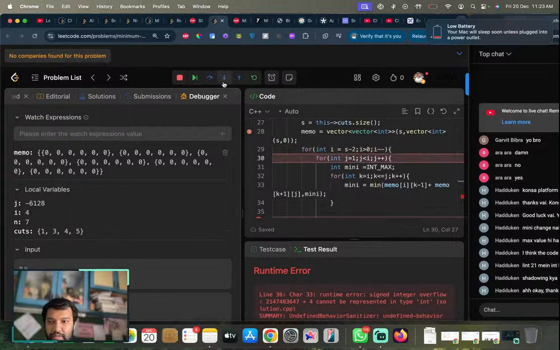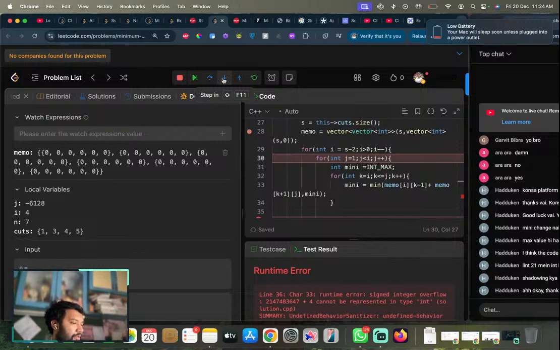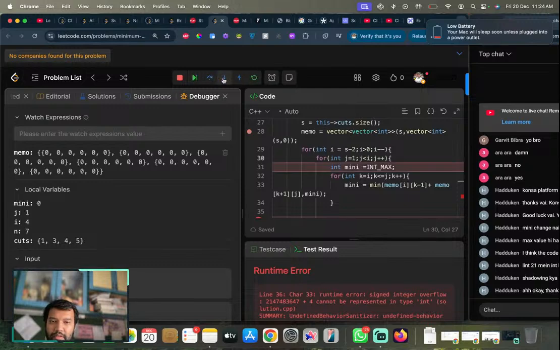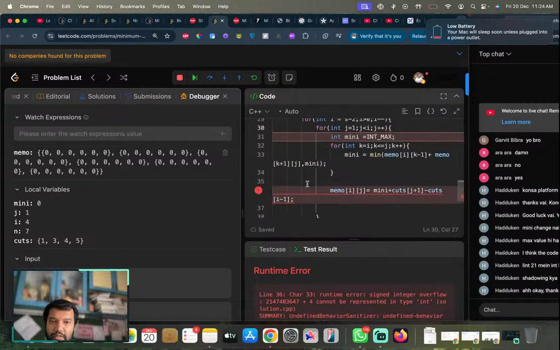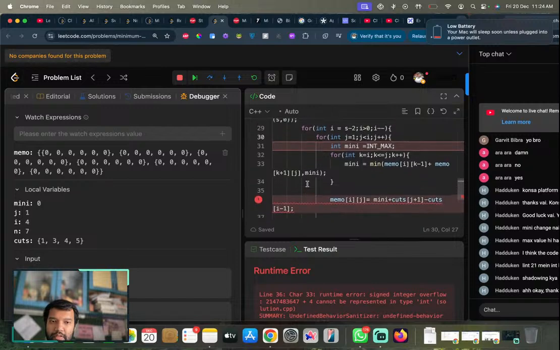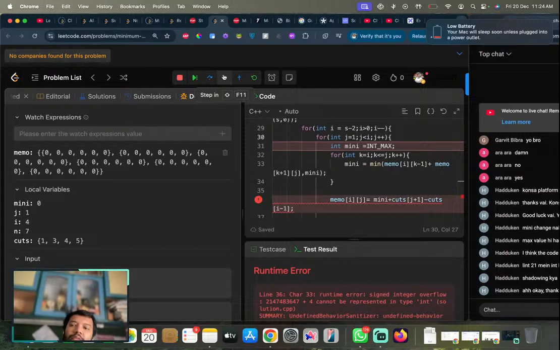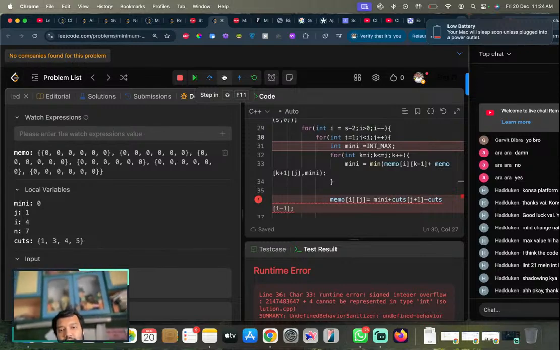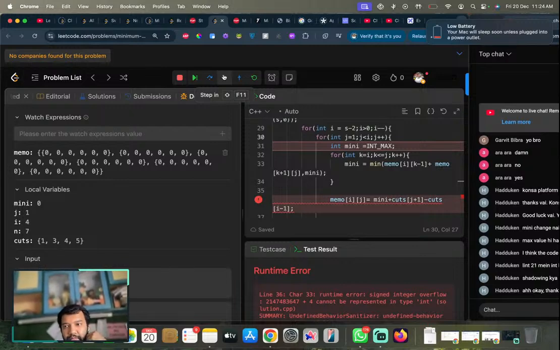You know, I equals to 4, 0, 1, 2, 3, 4. J equals to 1.